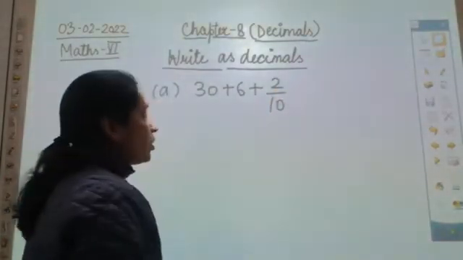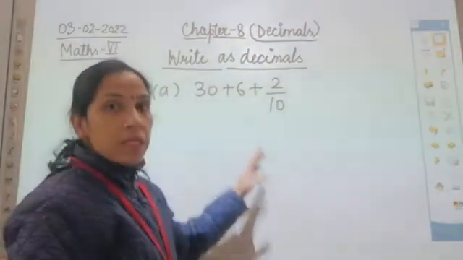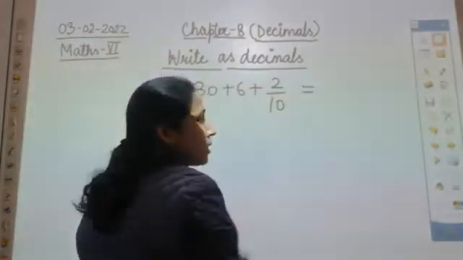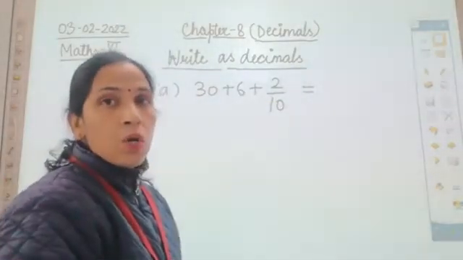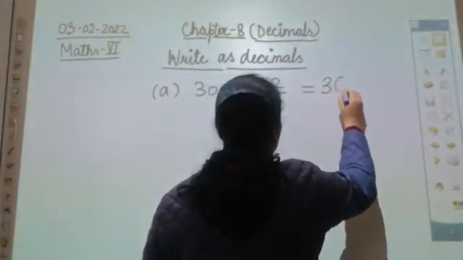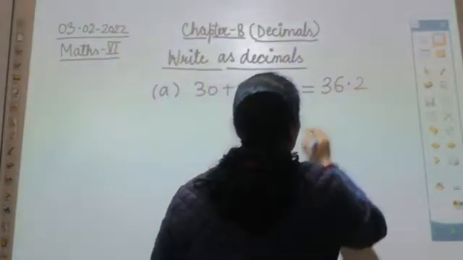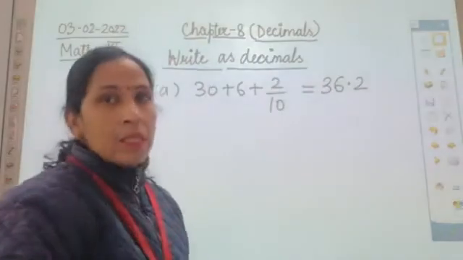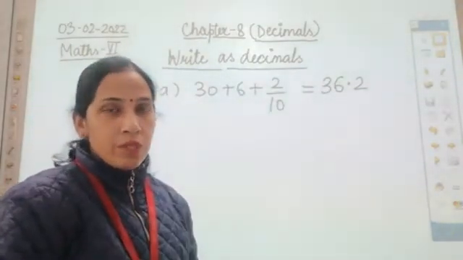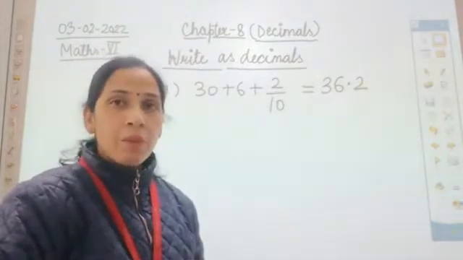Now what I have told you, 30 plus 6 will become 36, and as many zeros as there are in the denominator, that many decimal places. So this will become 36.2. Easy, simple. And how we can write it in words, understand with this example only.